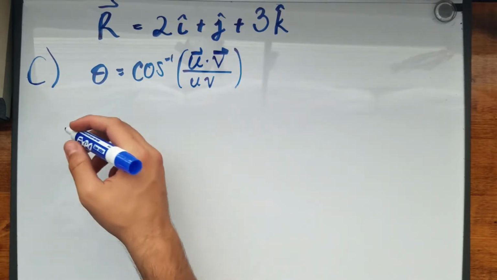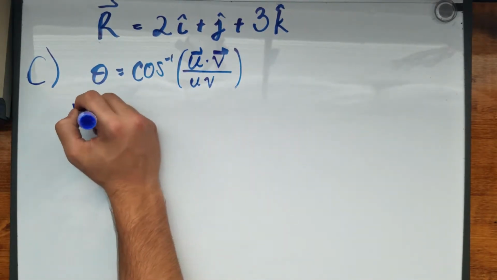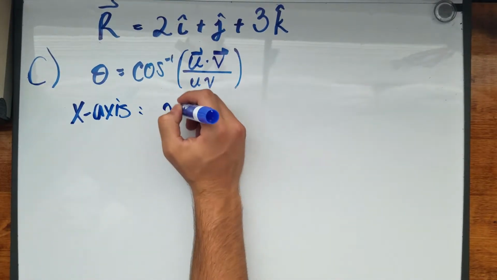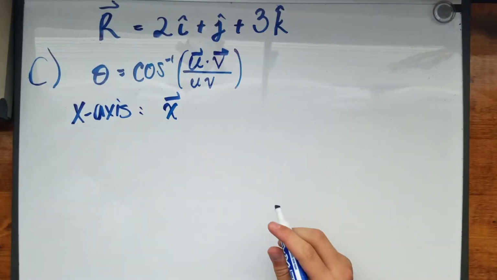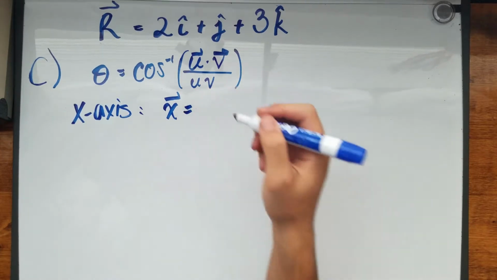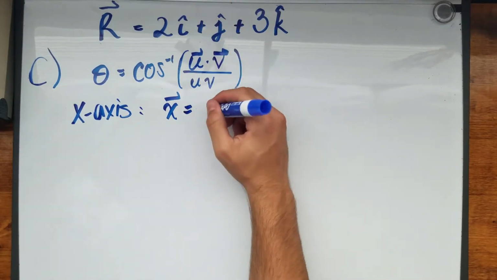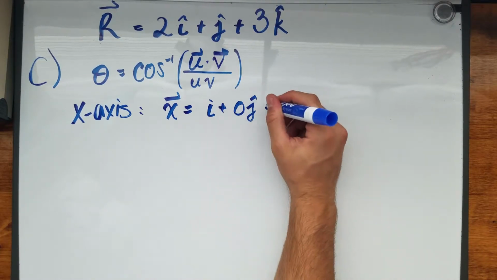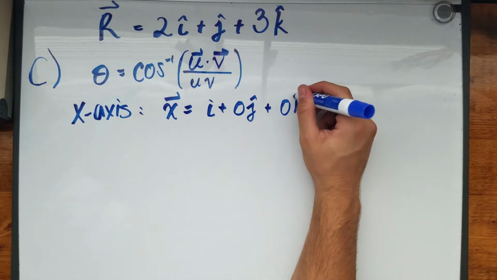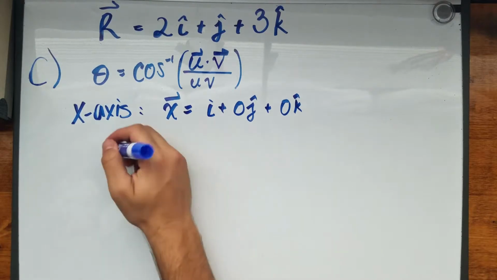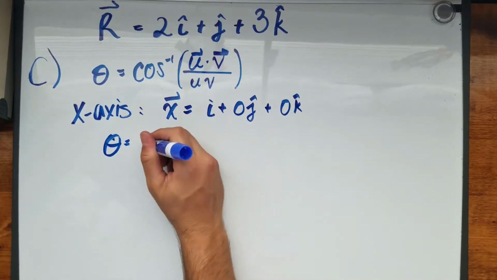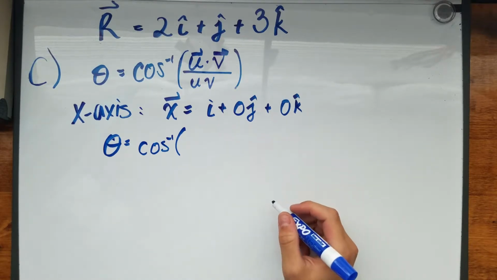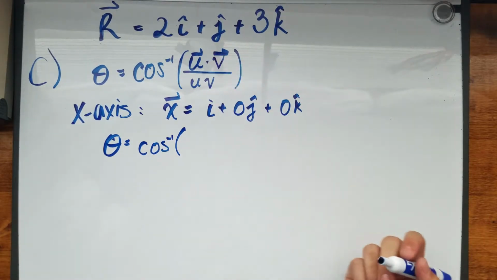And so we start. We want to find the angle between r and the x-axis. So the x-axis we can denote as a unit vector in its direction, which will be equal to i hat, right, because that's a unit vector, plus 0 j hat because there's nothing in the y, and 0 k hat because there's nothing in the z direction. And then we can just plug into our equation.